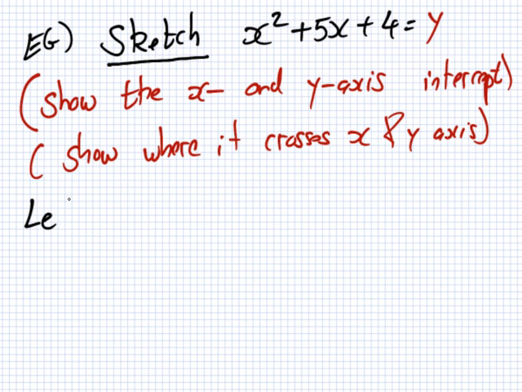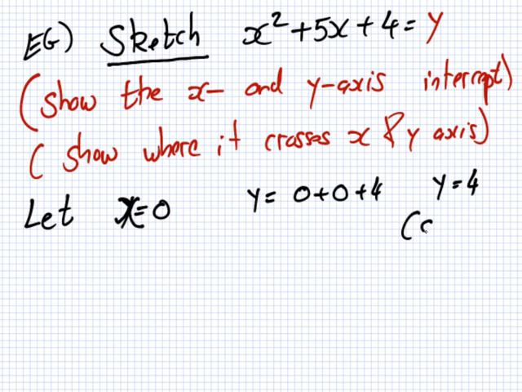So what we do first is we say let y equals 0. Sorry, no, that's not what I meant. Let x equals 0. So if x equals 0, we have y equals 0 plus 0 plus 4. So y equals 4. So my first point is 0, 4.